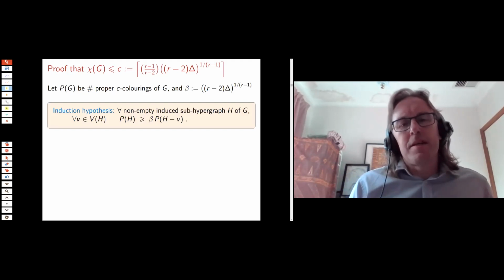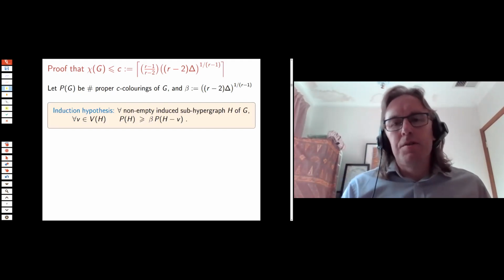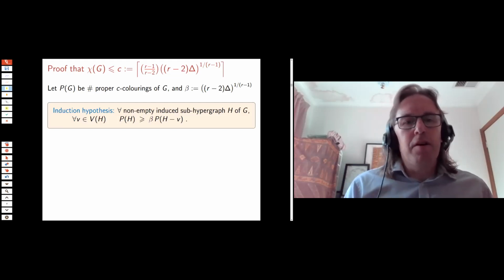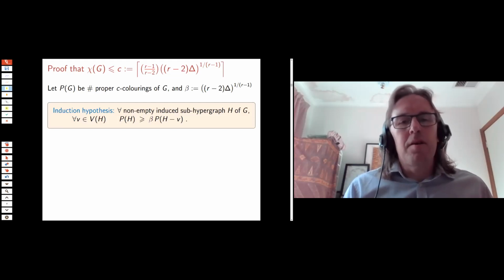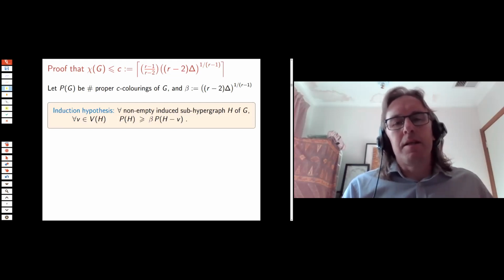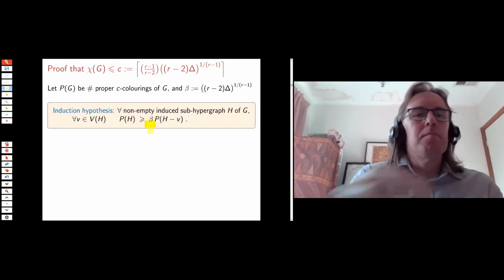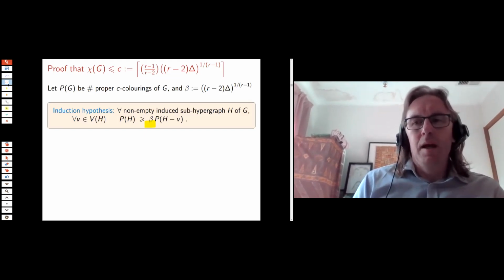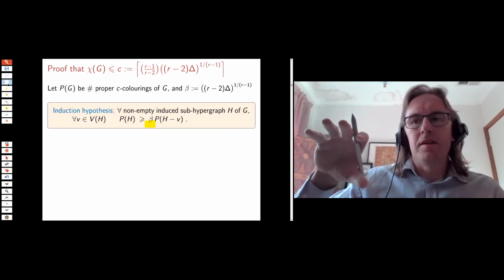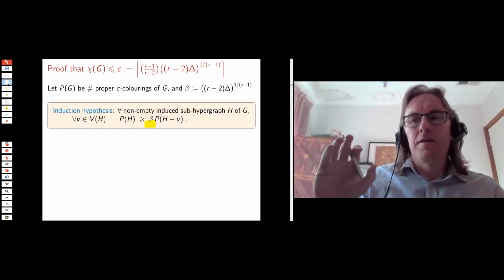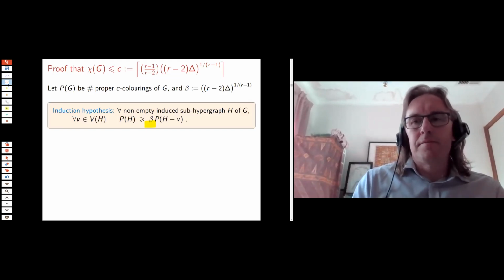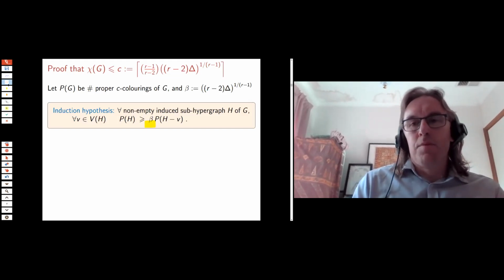The induction hypothesis says for every non-empty induced subhypergraph H of G, and for every vertex V of H, the number of colorings of H is at least beta times the number of colorings of H minus V. So you think of it as sort of going from H minus V to H, and the number of colorings when you add a vertex goes up by this constant beta. But this constant beta is more than 1, or certainly at least 1.